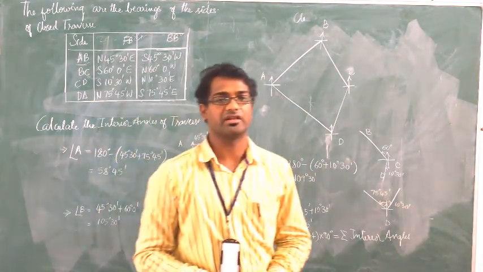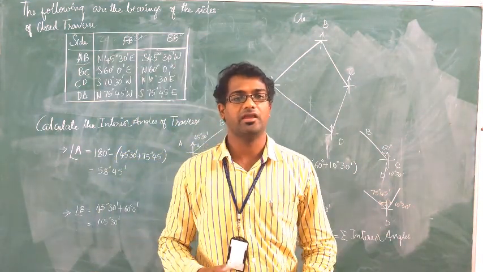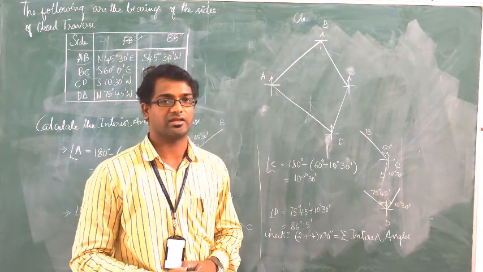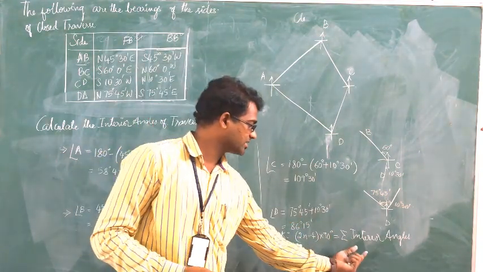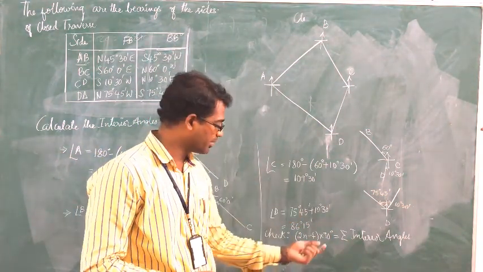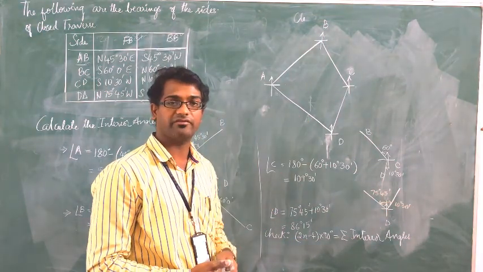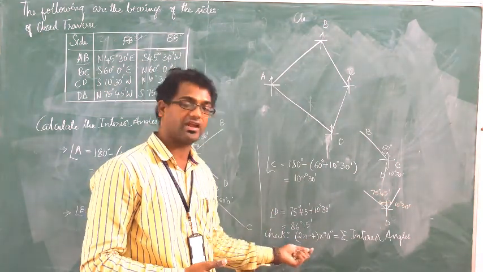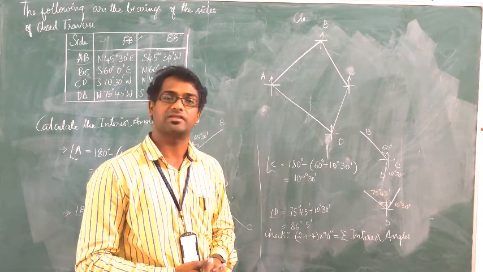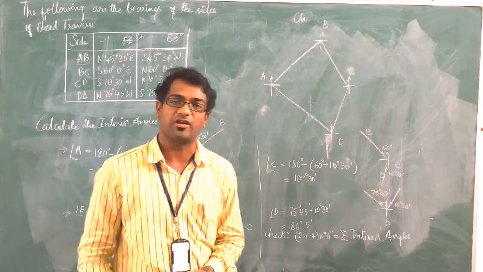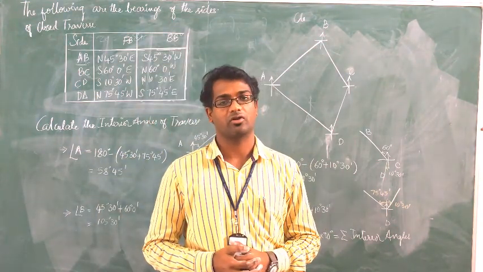We have calculated angle A, angle B, angle C, angle D. Substitute the values here, and how many sides does our polygon have? We have 4 sides. So the left hand side will become 360 degrees, and check whether our values are correct or not.